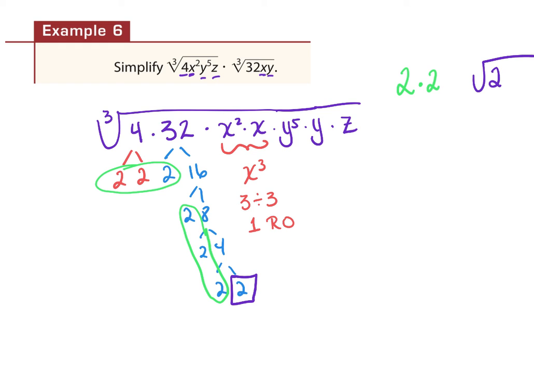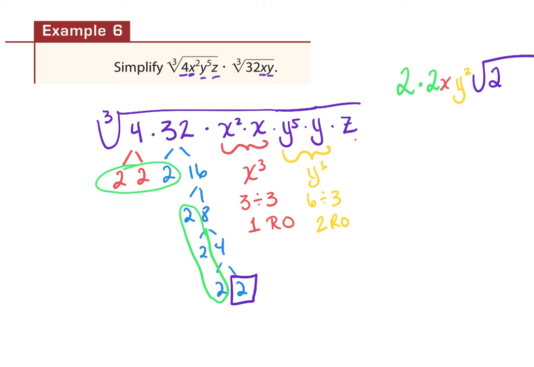All right, do you see where I'm combining those? So I'm going to have an x come out. No x's are going to stay in. I'm going to do the same thing with my y's. How many y's do I have? 6 y's. So I have 6 divided by 3. That's 2 with a remainder of 0. I'm going to have 2 y's come out here. None are going to stay in.